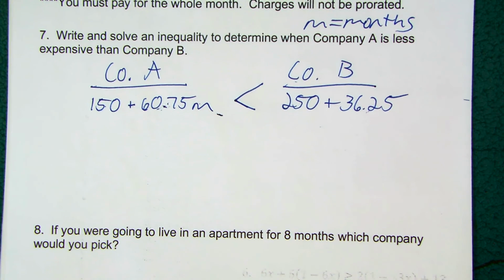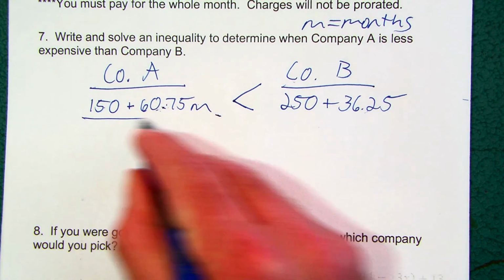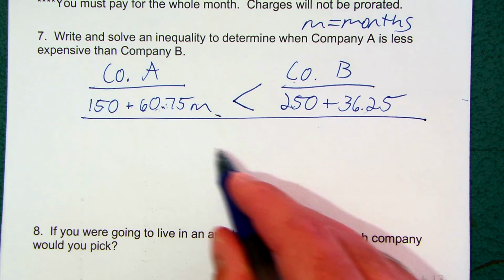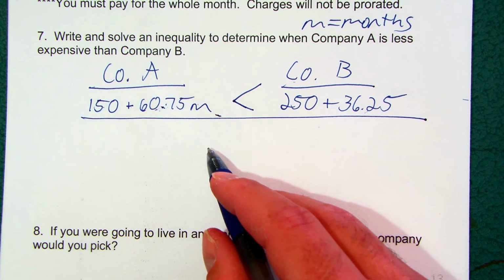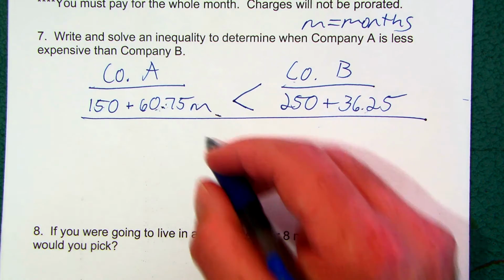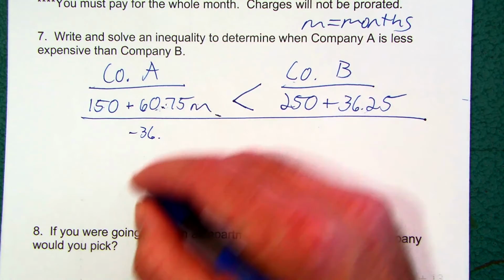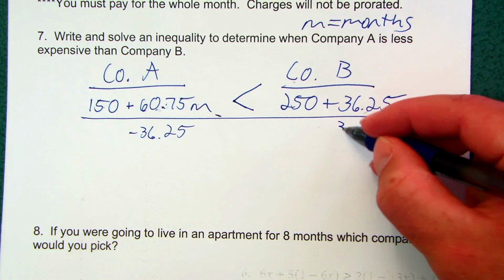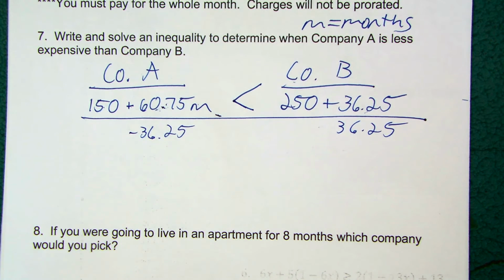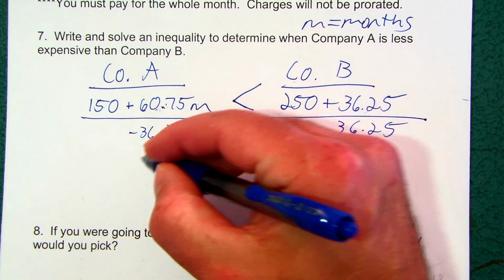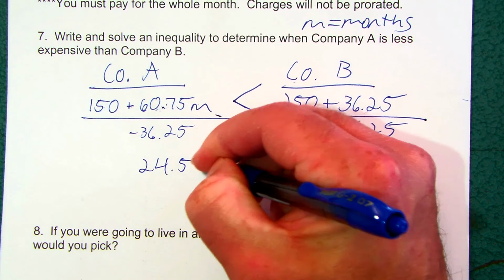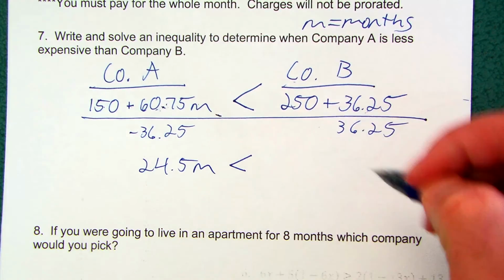So we got to solve this now. All right. So I'm going to get my M on this side. So I'm going to subtract 36.25 from both sides. So I get 24.5 M is less than 250.